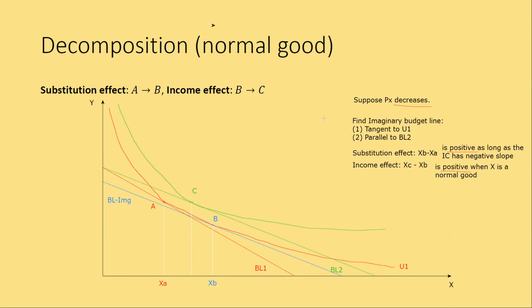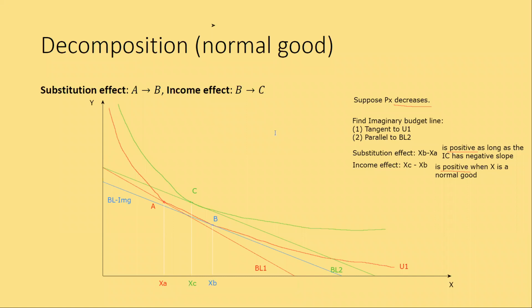So the sign of the substitution effect is determined as long as the indifference curves are negatively sloped. What changes is the income effect.